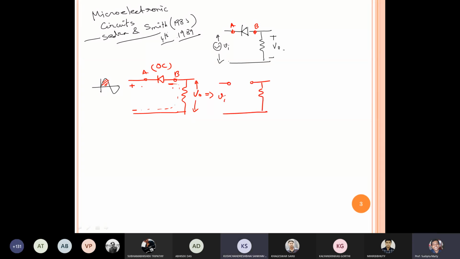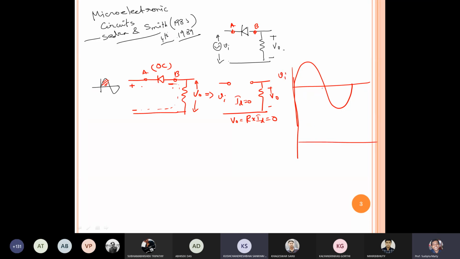Here I am giving some VI and it is V naught. There will be no current flow, so ID is 0. So V naught equals R into ID, that means 0. So in the first half cycle, this is my suppose V in, and let's try to draw.